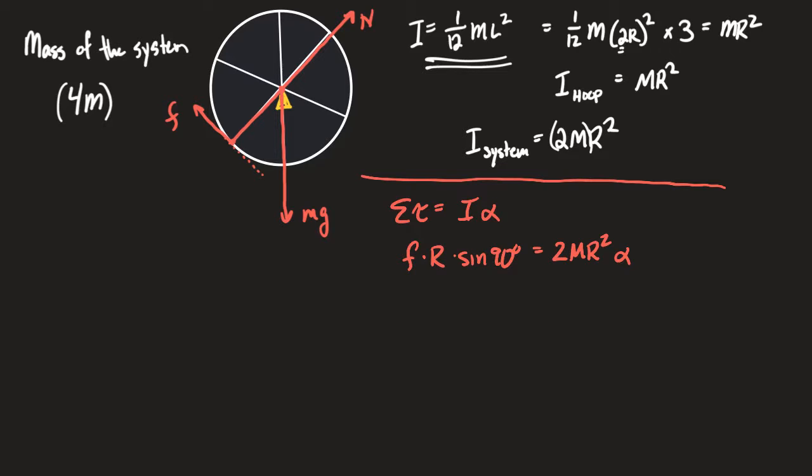Now, since there were 10 of you who said you wanted to see the fulcrum at the point on the side here, let me just remind you that that's not a big deal either. If I put the fulcrum there, then my torque is going to be 4mg sine theta.